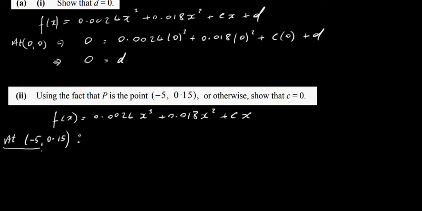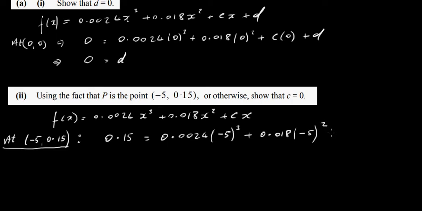What happens here? Well, we can put 0.15 is equal to, this is our y, and we've got 0.0024 here, and our x now is going to be -5, which we've got to cube. We've got 0.018 here, we've got our x here now, which is -5, which we've got to square, and then we've got plus c times our -5 as well.